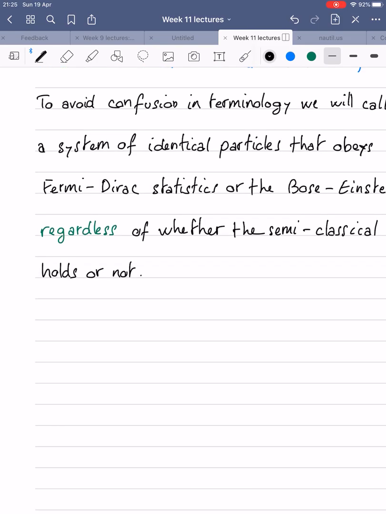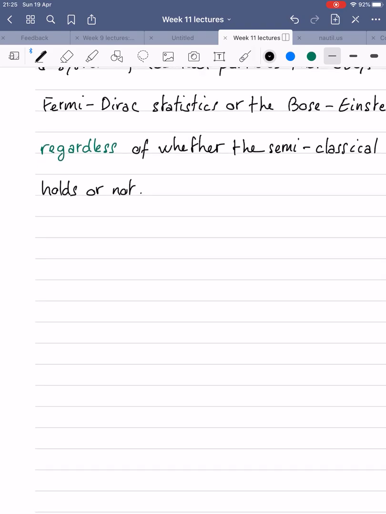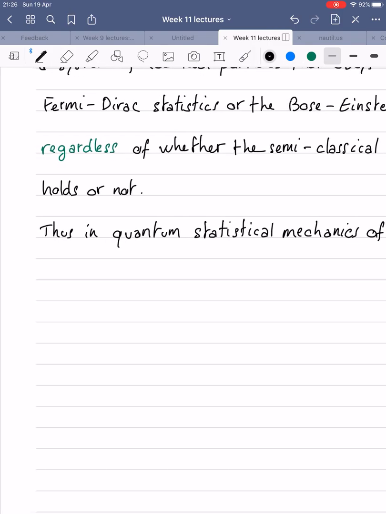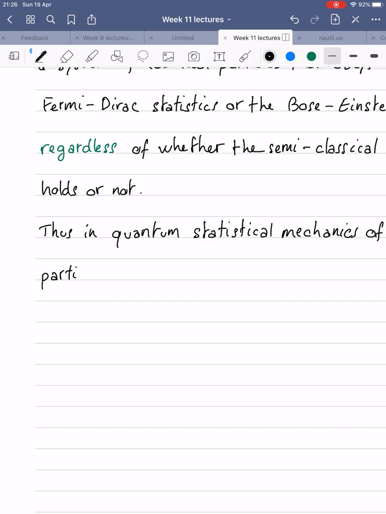So now what we want to do is to identify the different kinds of systems we have, or different regimes, in quantum statistical mechanics of identical particles. There are three possible regimes.